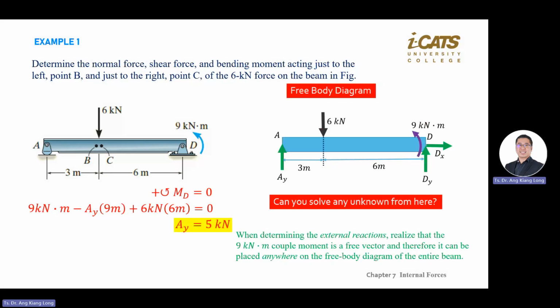Okay, the next step, maybe you need not expand on it. Straight away find what your AY is. AY is 5 kilonewton. If you get a positive value, it means what you guessed is correct. Once you find AY, you should be able to find DY.